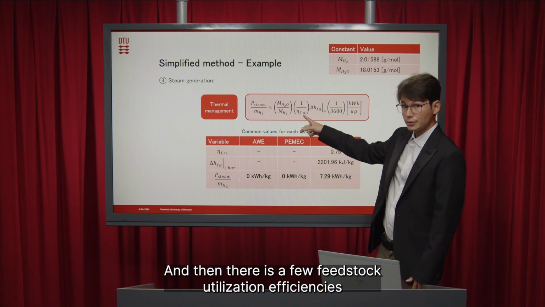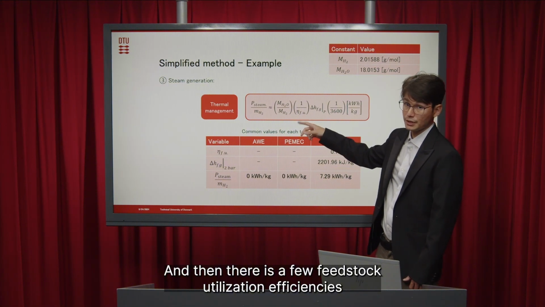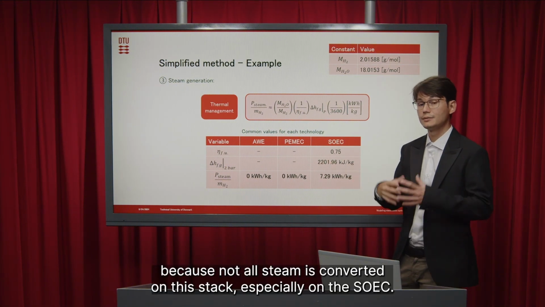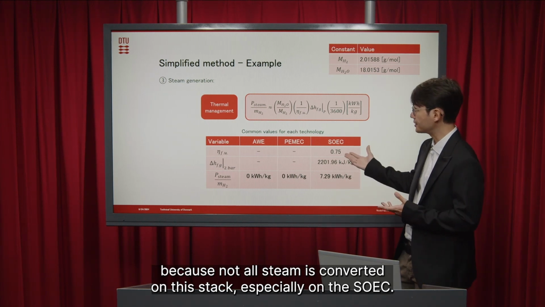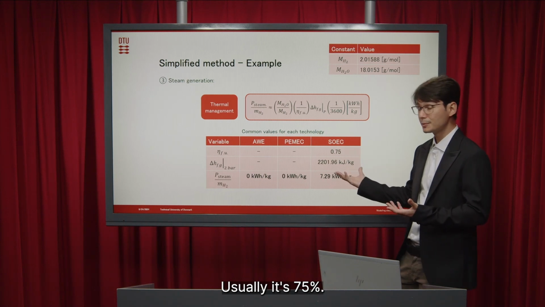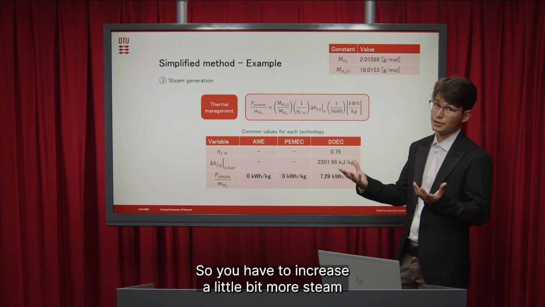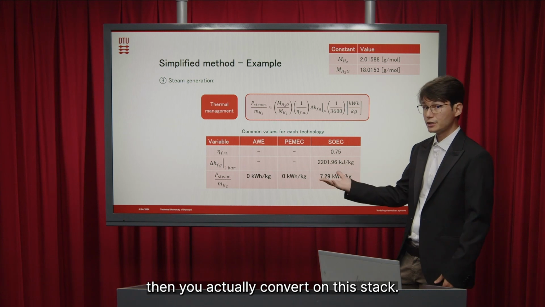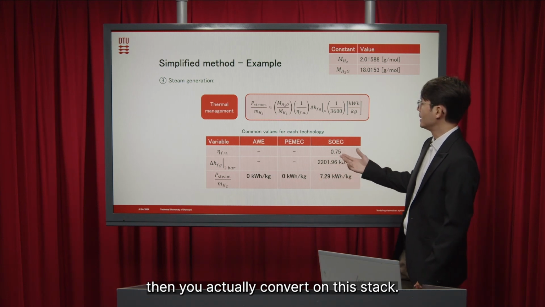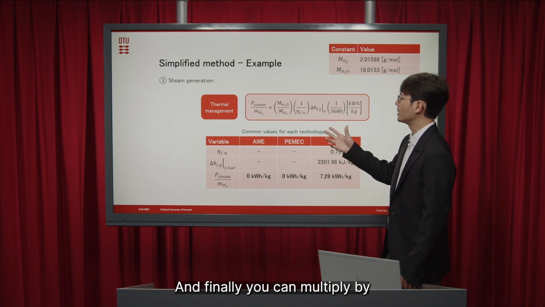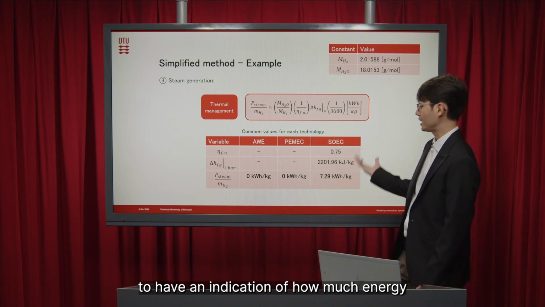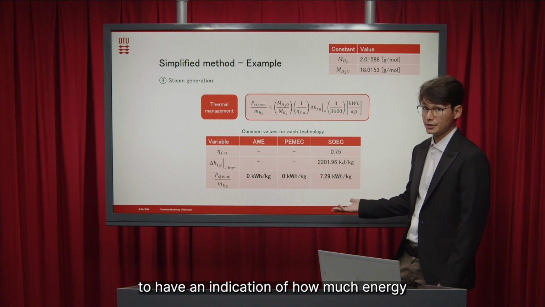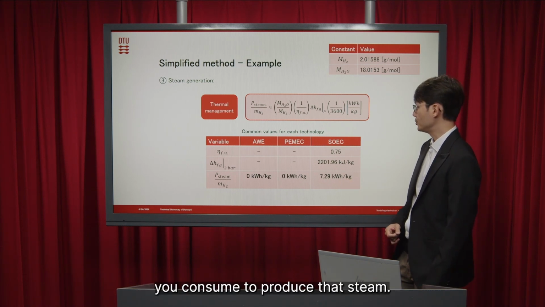And then there is a feedstock utilization efficiency, because not all steam is converted in the stack, especially in the SOEC. Usually it's at 75%. So you have to supply a little bit more steam than you actually convert in the stack. And finally, you can multiply by how much energy it takes to produce that steam to have an indication of how much energy will be consumed to produce that steam.